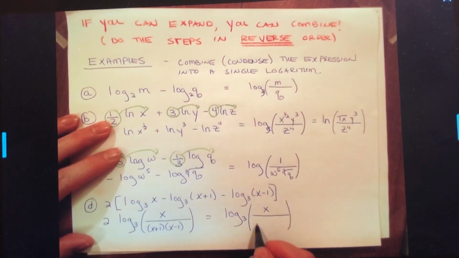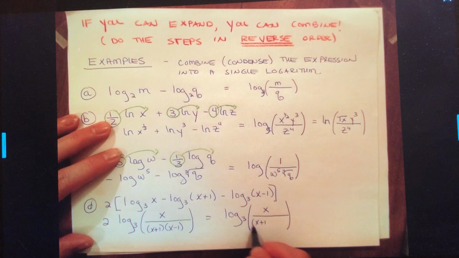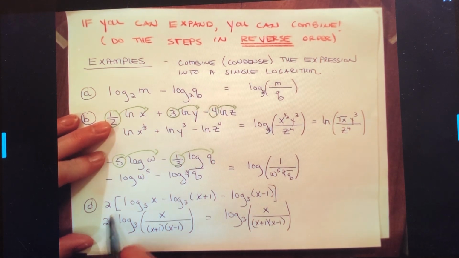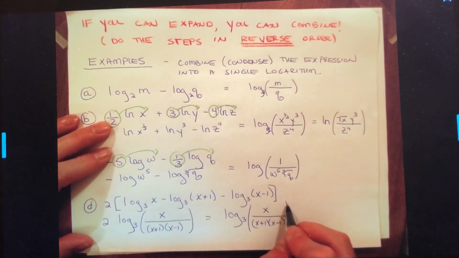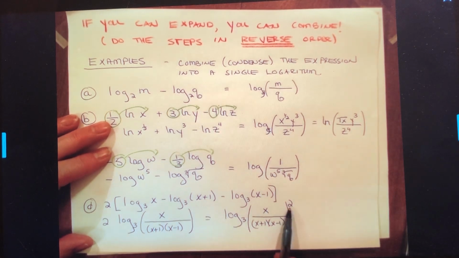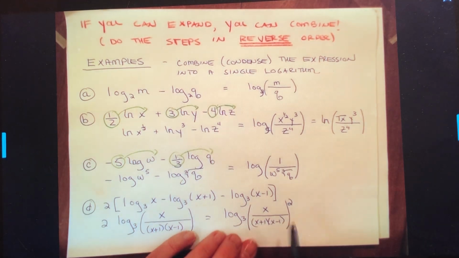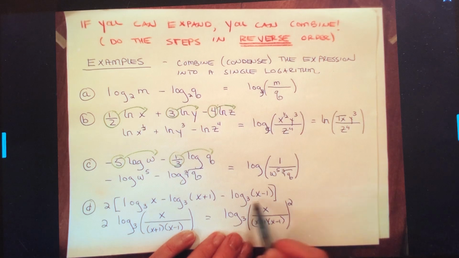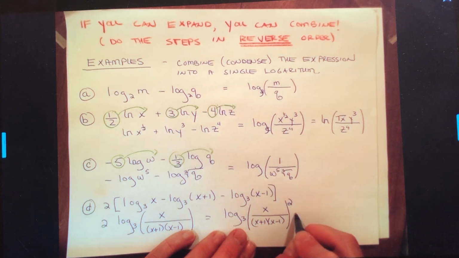I'm going to rewrite this as x plus 1 times x minus 1, and then this multiplier is going to pop up outside of this entire argument, which is why I want to make sure I put this whole thing in parentheses.